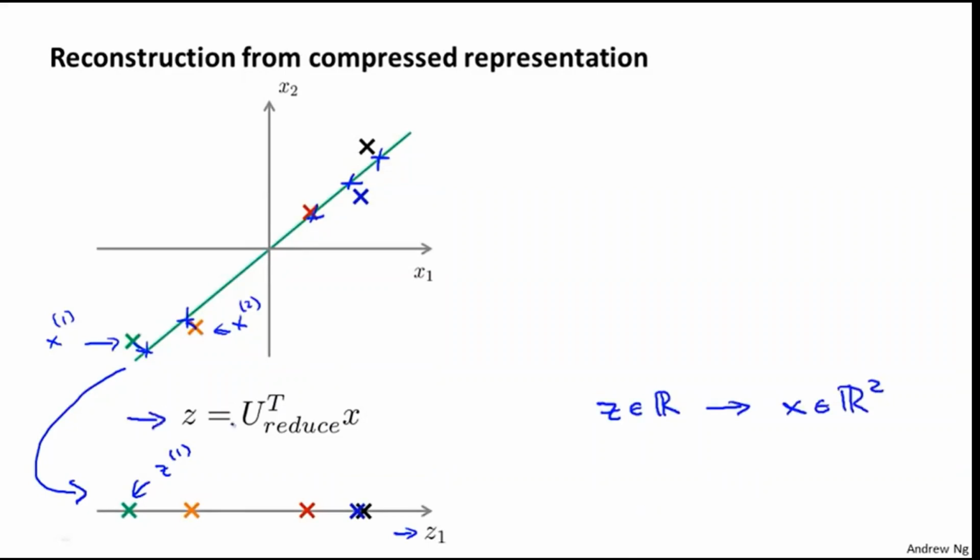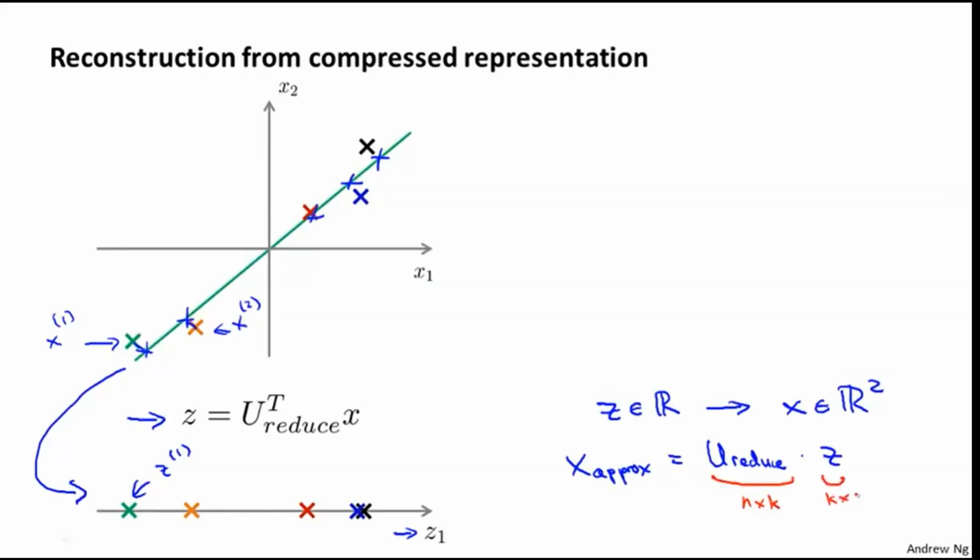Whereas Z equals U reduce transpose X, if you want to go in the opposite direction, the equation for that is we're going to write X approx equals U reduce times Z. And again, just to check the dimensions, here U reduce is going to be an n by k dimensional matrix.